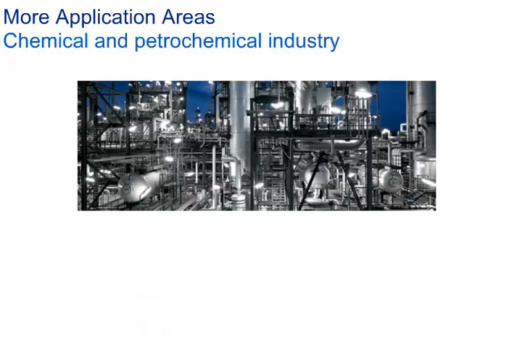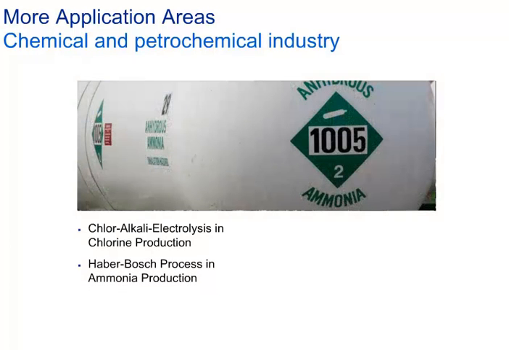Beyond emissions monitoring, many other applications can be found in chemistry and petrochemistry. One of the most important applications in chemical industry is the production of chlorine with the chlor-alkali electrolysis process. Components of interest: hydrogen and chlorine. Major chemicals mainly used in fertilizer manufacturing are made in the Haber-Bosch process, ammonia production, and the Ostwald process, nitric acid production.